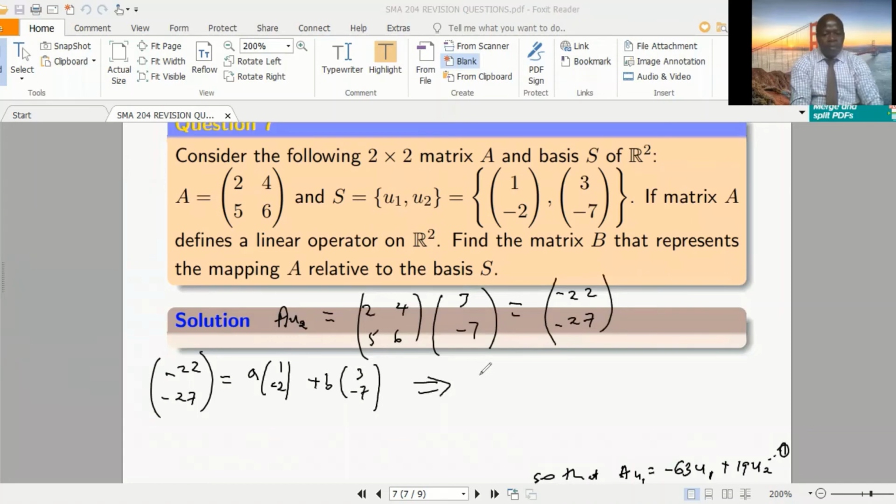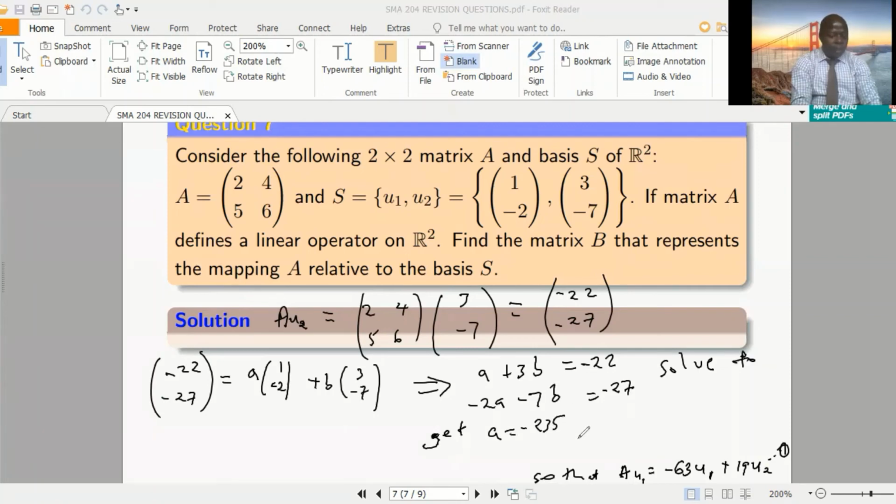And what this gives you is A plus 3B is negative 22 and negative 2A minus 7B is negative 27. When you solve this simultaneously, you get A to be negative 235 and B would be 71.